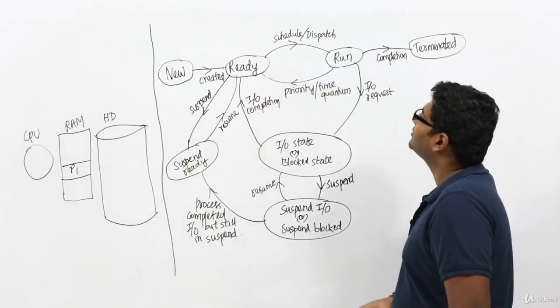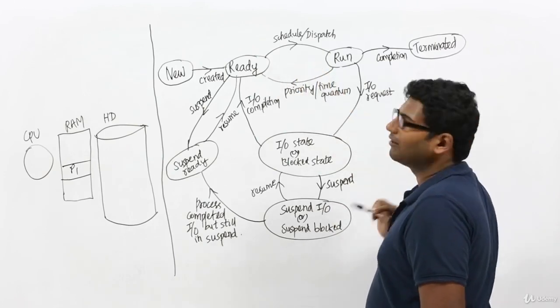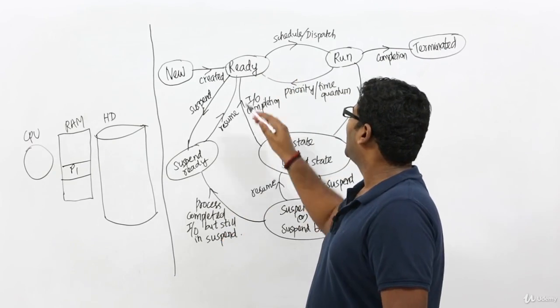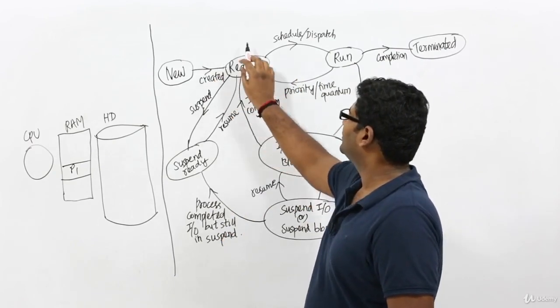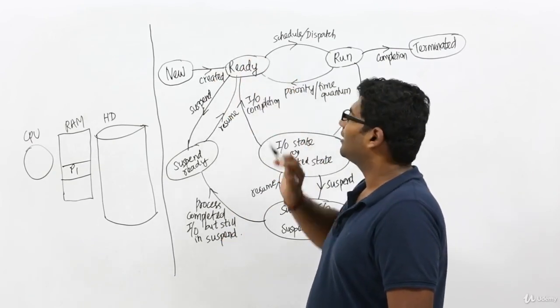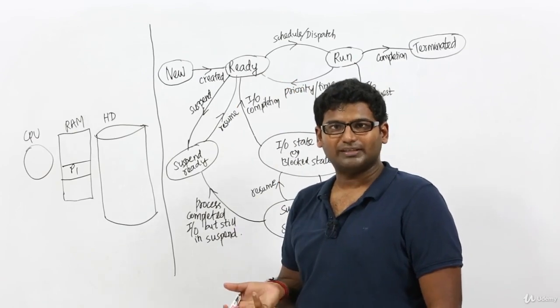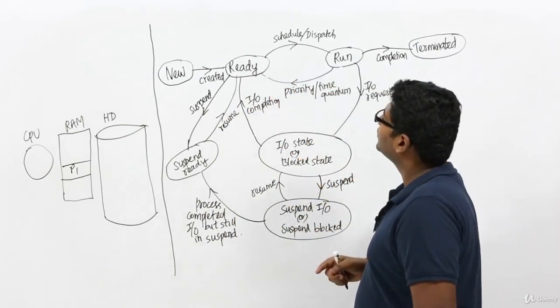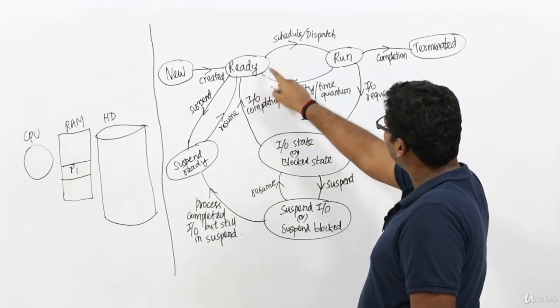Now how will it go to running state? Based on a scheduling algorithm, which decides among the various processes in the ready state. Our scheduling algorithm decides one of the processes and then schedules it to the CPU. So a process can go from ready state to running state.